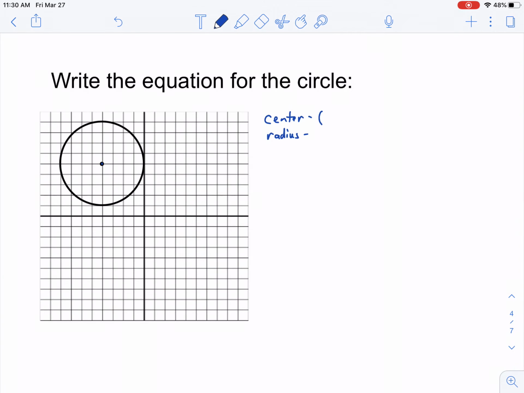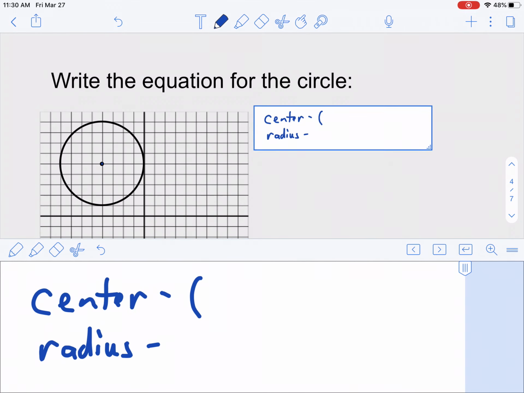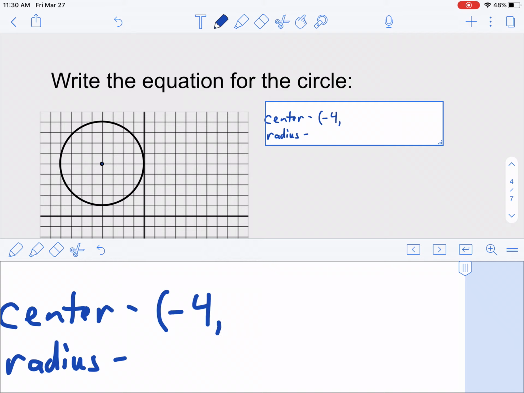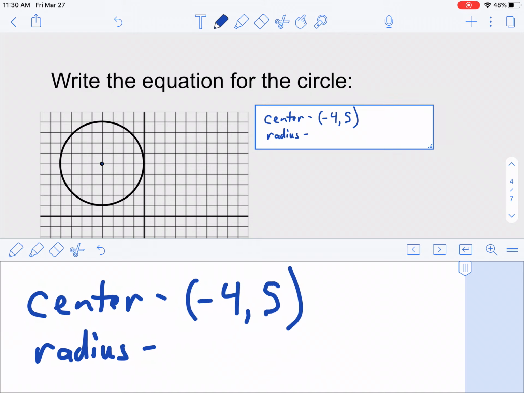It looks like that is left 1, 2, 3, 4, so it's at -4. And then it's up 1, 2, 3, 4, 5. So my center is at (-4, 5).